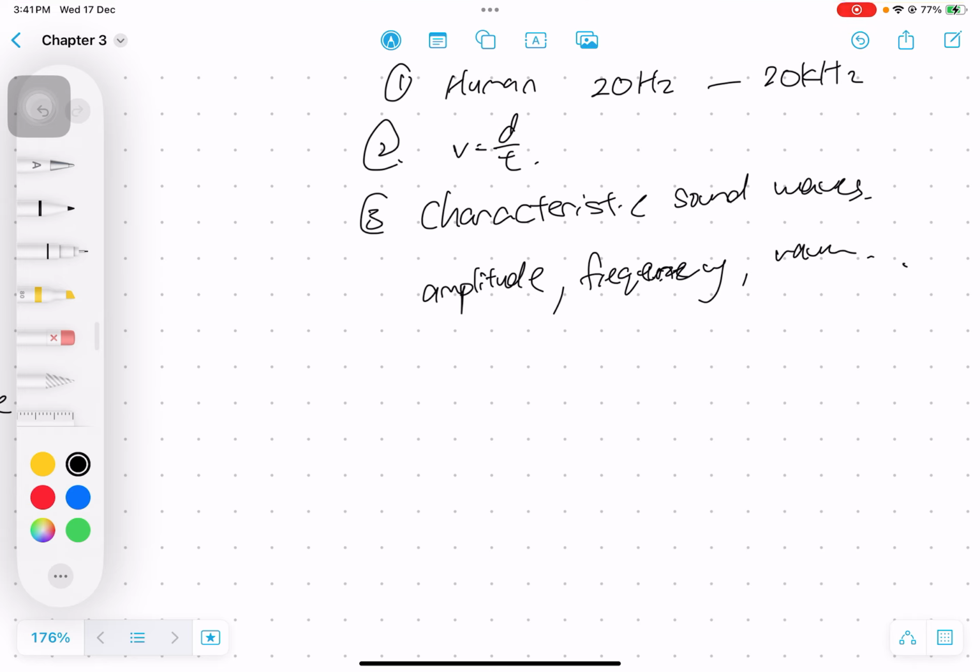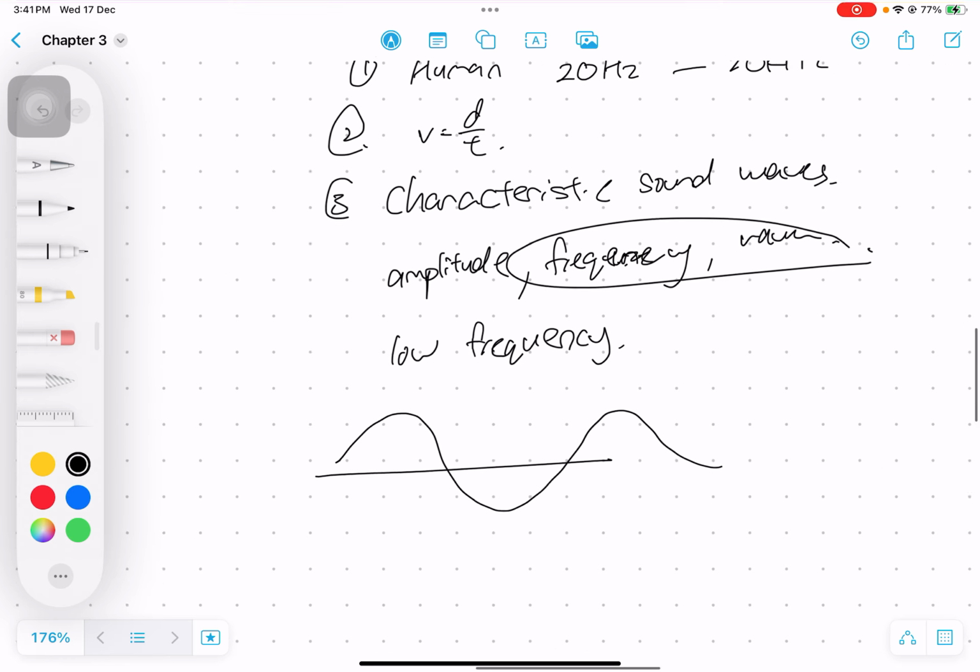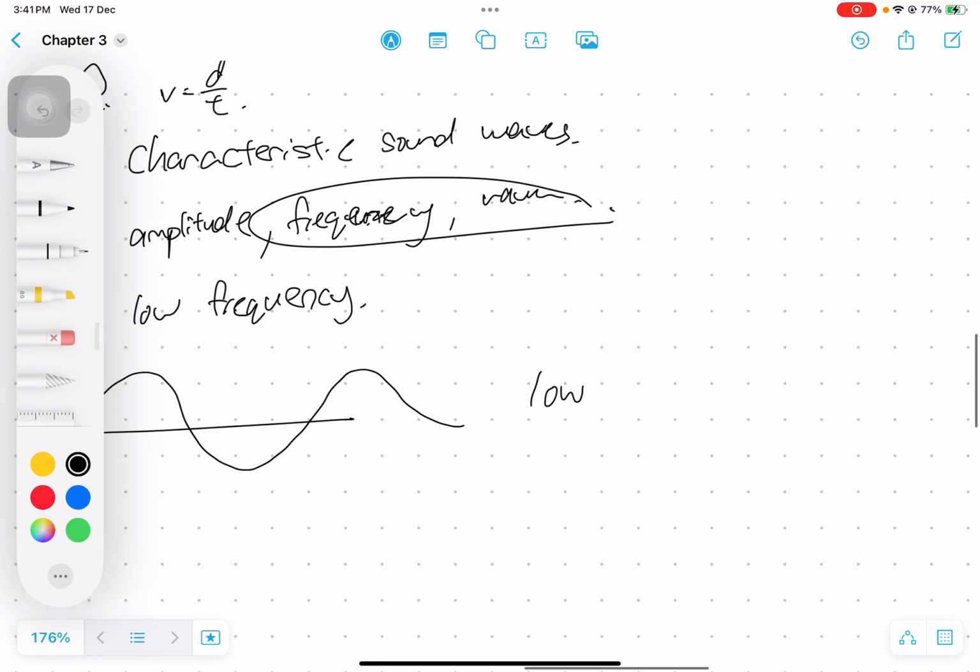What happens if we change the frequency? When we change the frequency, it also changes the wavelength, so these two are actually the same thing. If you have a low frequency, you have a bigger wavelength, which means a lower pitch, a deeper voice.